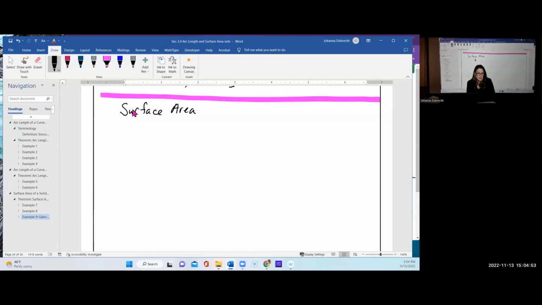We're revolving around the x-axis. So our surface area formula is going to be the integral from a to b of 2 pi, the radius, which is f of x, times the square root of 1 plus f prime of x quantity squared, the arc length formula with respect to x.